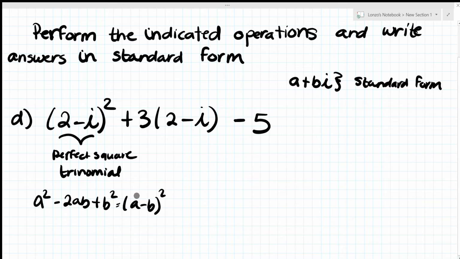So this part looks like this because this looks like this. We got to make it look like the left side. So we just got to figure out what's my a. My a is going to be 2, and my b is going to be i.